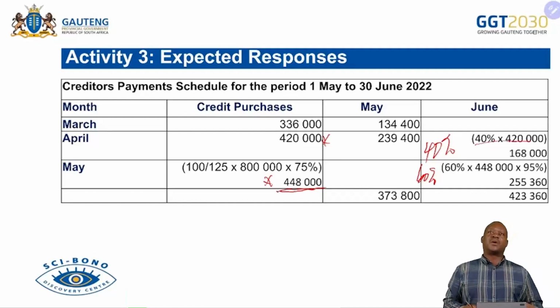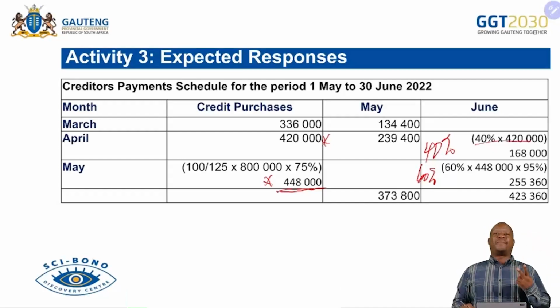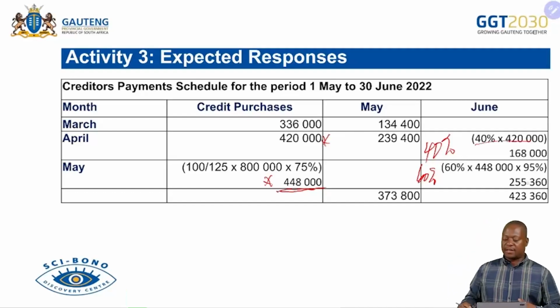It gives us 168,000. Hey, how many payments are we going to make? 2 payments. One, the month after, and the second one, the second month after. So we are expected to make 2 payments. That's what we are doing. 168,000 and 255,360. We add those 2 figures.